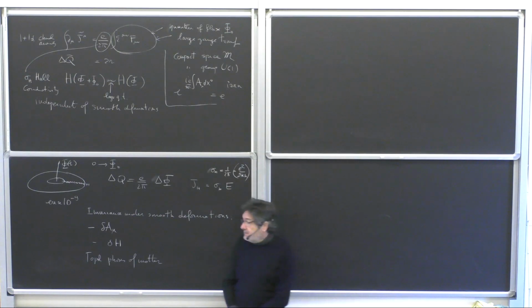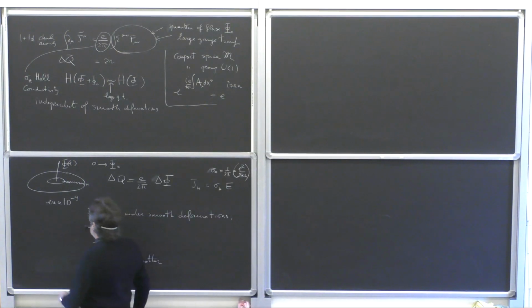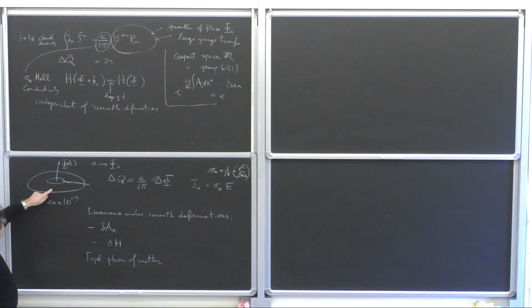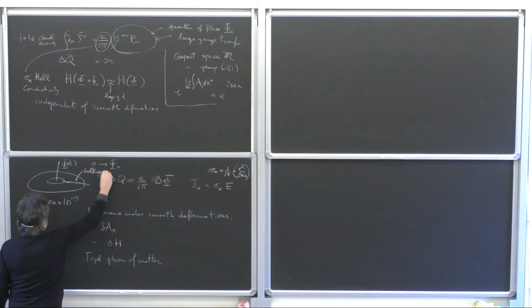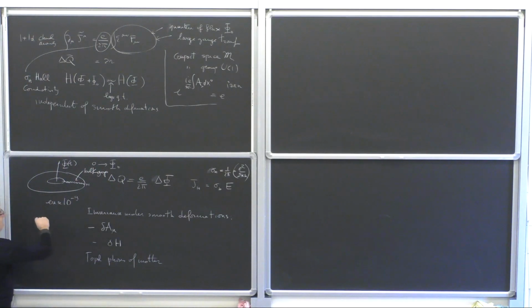That was the logic. So last time we showed that in fact you can represent a spectral flow of a fermion in this situation, because you have a gap in the bulk. So if you do things smoothly and slowly, adiabatically, you cannot excite electrons here.